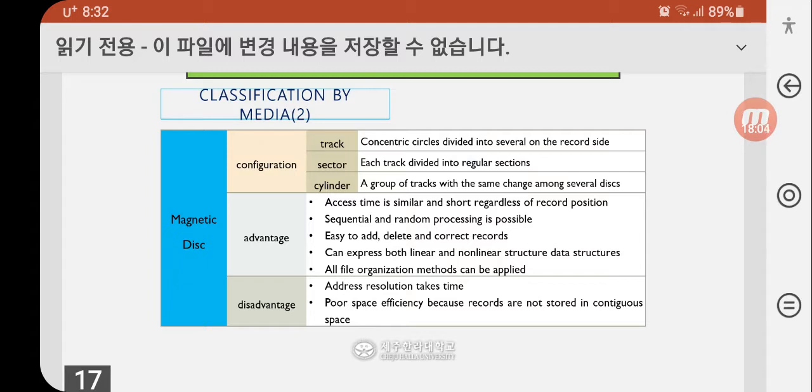Track is concentric circles divided into several on the record side. Sector is each track divided into regular sections. Cylinder is a group of tracks with the same number among several disks.